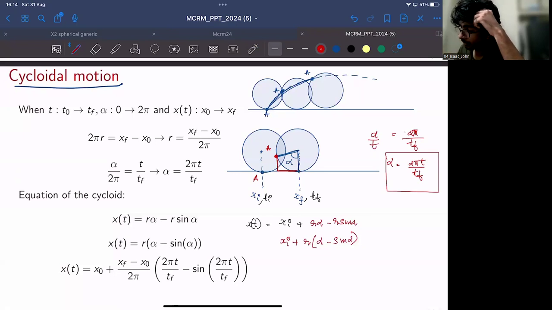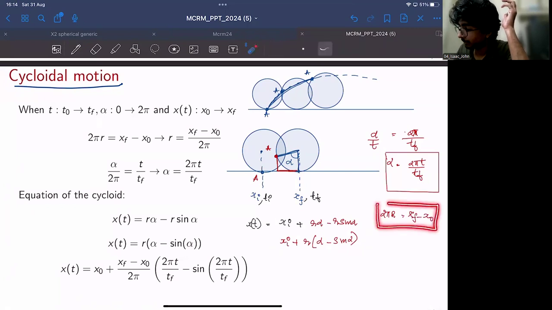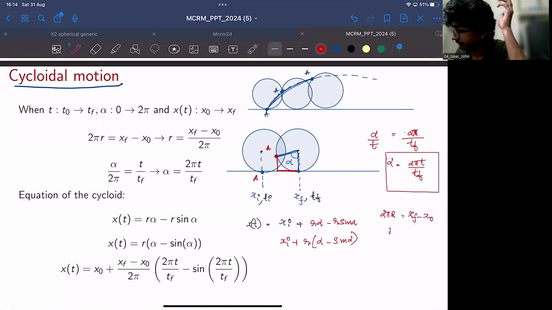And again, for a full 2 pi rotation, the circumference would be 2 pi r, and that is nothing but the final position minus initial position, right? And from here, r is nothing but xf minus x0 by 2 pi.